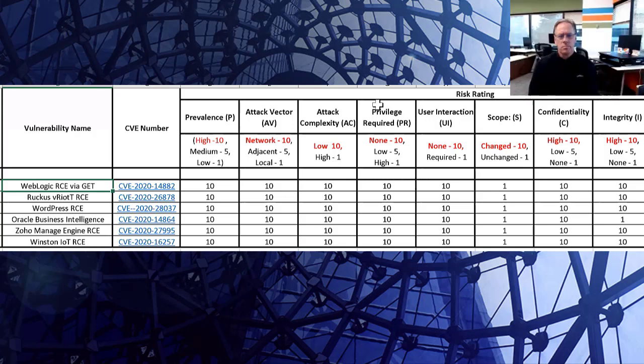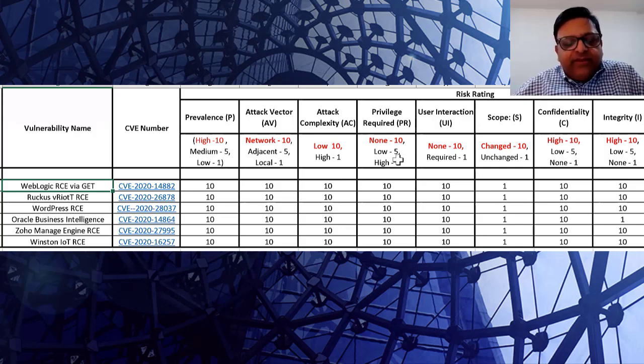Sure. The next column is privilege required. When you need to be a root user, for instance, it's harder to get an admin's credentials as opposed to some user's credentials.